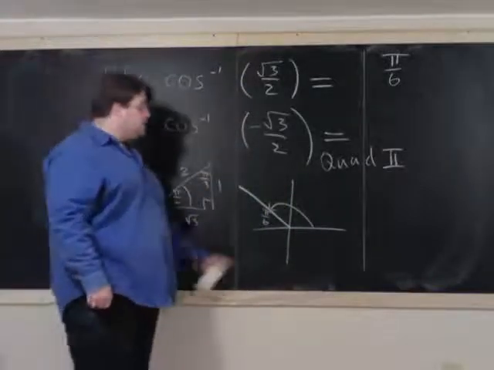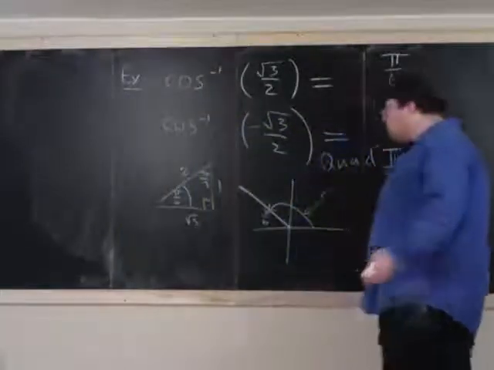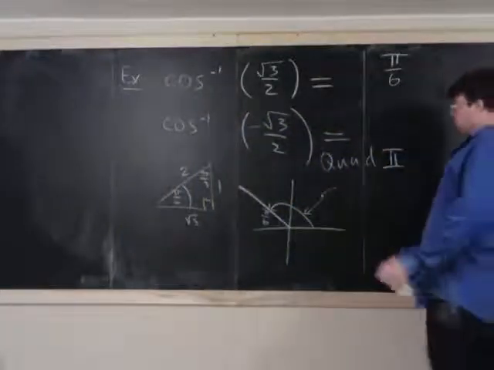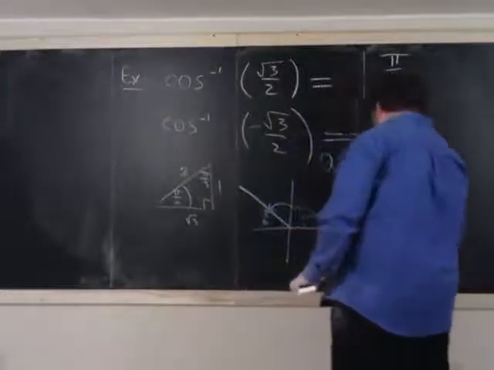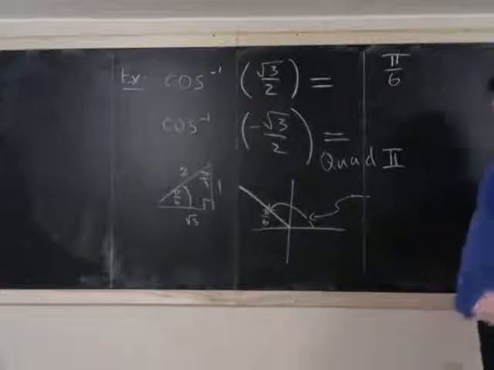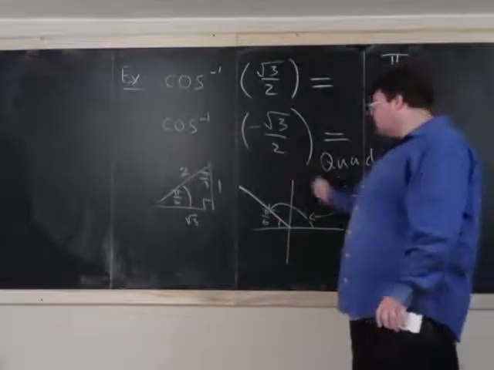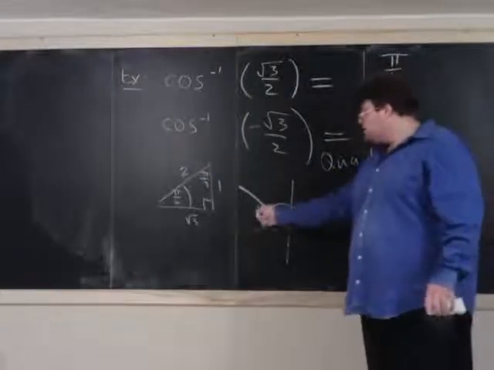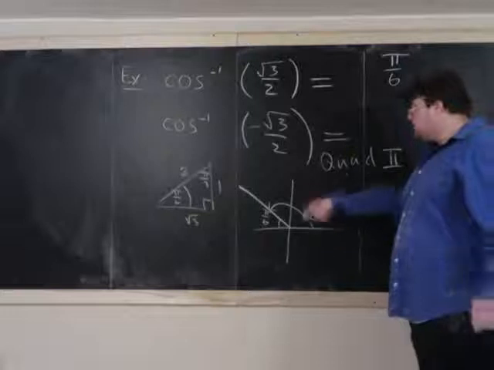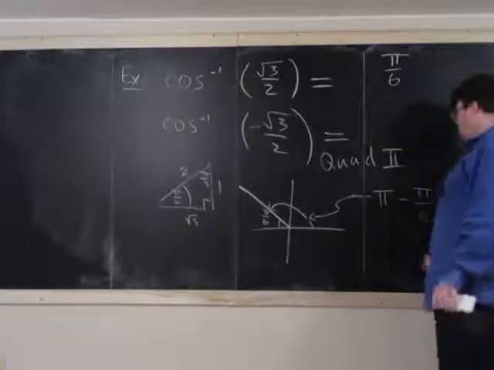So right here, this angle is in quadrant 2. What is that angle? Well, this piece is pi over 6. The straight line is pi. So if this whole thing is pi, and that's pi over 6, the arc we want is pi without pi over 6.